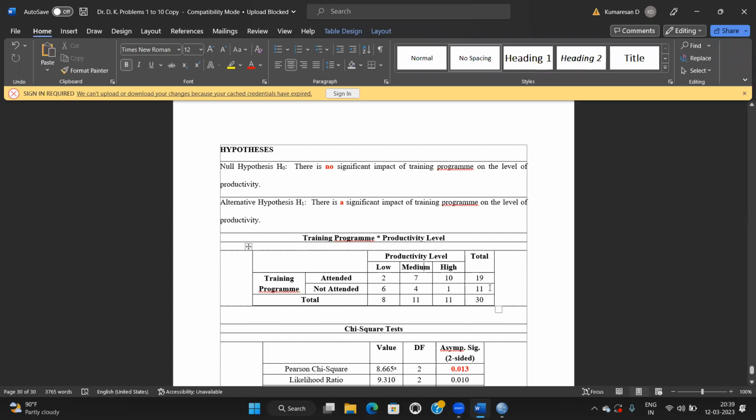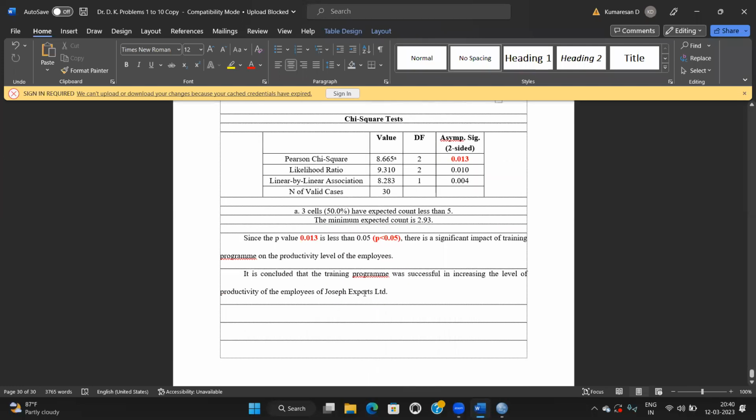So those who have attended the program have given high productivity level. Those who have not attended have given low productivity level. So automatically we can conclude that the training program was successful in increasing the level of productivity of employees.